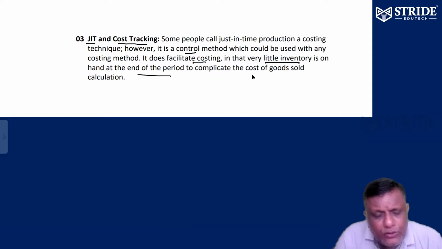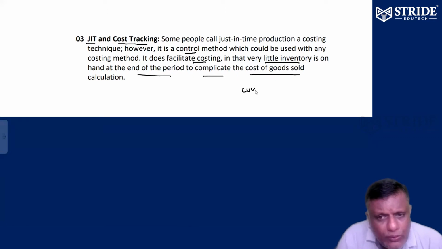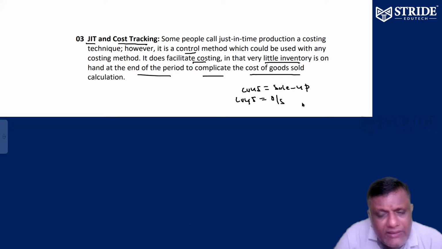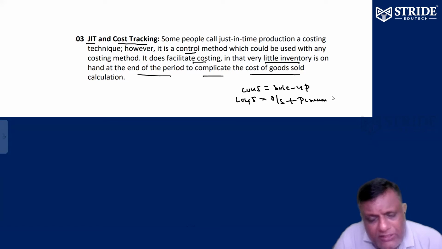By the way, to compute cost of goods sold, some complications are there. I told you what cost of goods sold is. COGS is nothing but either sales minus gross profit, or cost of goods sold is equivalent to opening stock, that is inventory in the beginning, plus purchase of raw material, minus closing stock, plus any direct expenses.